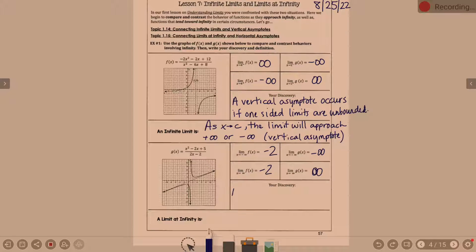So as x approaches, and I'm just going to say plus or minus infinity, the limit will approach a y value or will be unbounded.